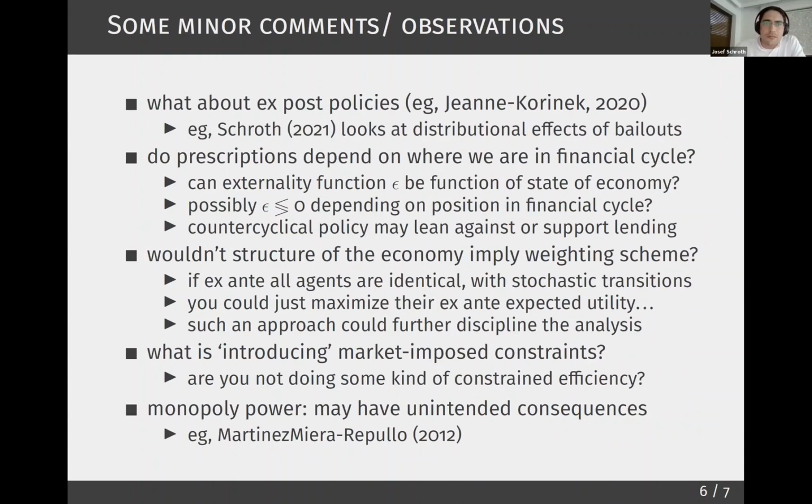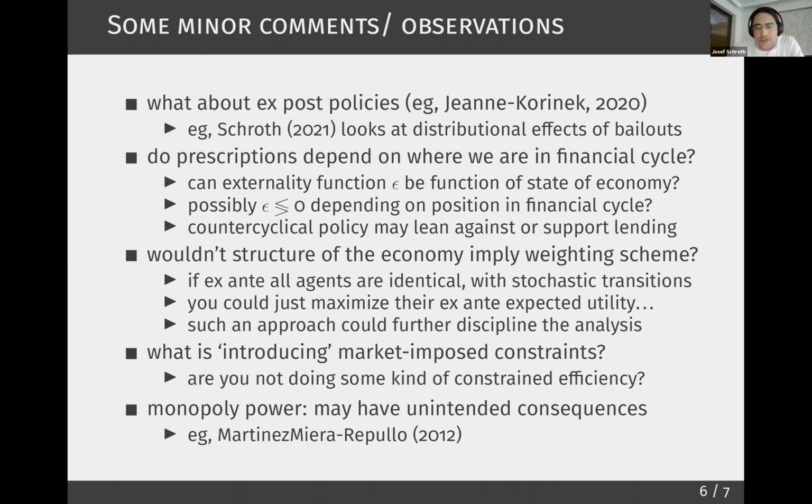So just a bunch of random comments. I think Anton has a nice recent paper where he's looking at ex ante and ex post policies. Again, I think it would be nice to see how these redistributional effects would look if you have both ex ante and ex post considerations.